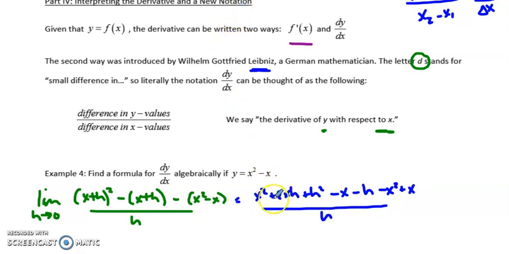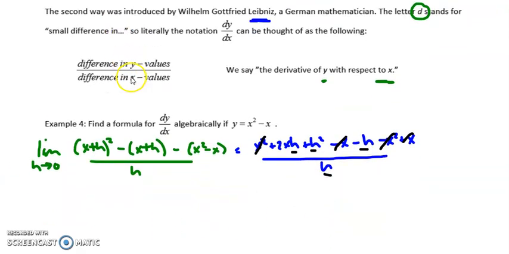Now we need to start canceling. x squared minus x squared goes away. Negative x plus x goes away. Now do you see that all three of the remaining terms in the numerator have an h in them? So what we can do is factor out an h in the numerator to get 2x plus h minus 1, and of course we're all divided by h.